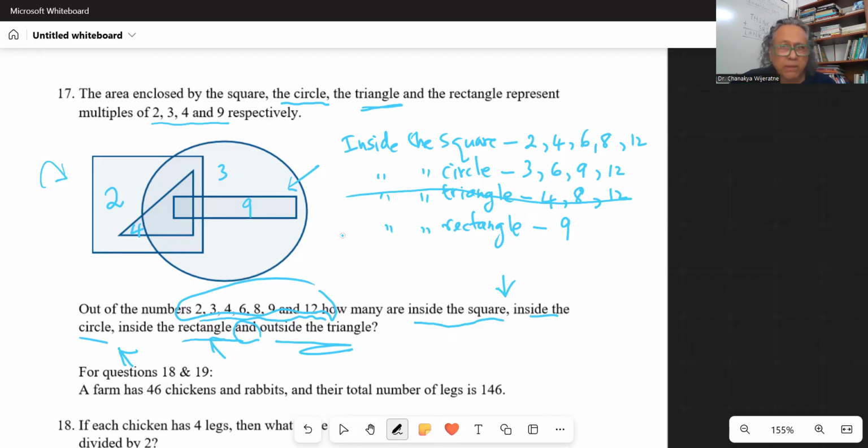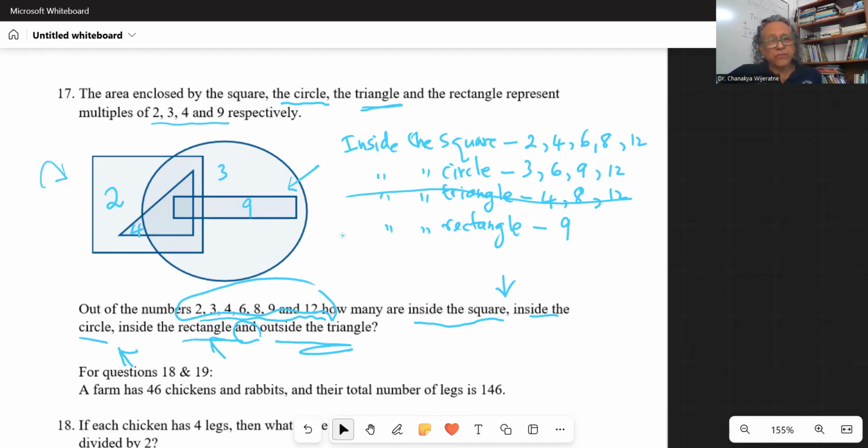Actually, you can see that there's nothing in common, right? Now 9 is there, inside the circle, but 9 is not inside the square, right? So inside the square and inside the circle and inside the rectangle, nothing is there, right?